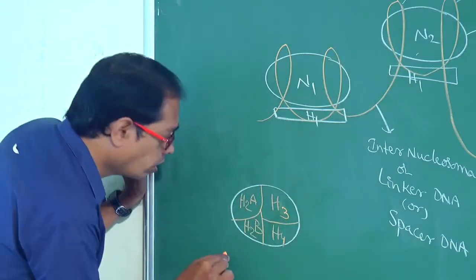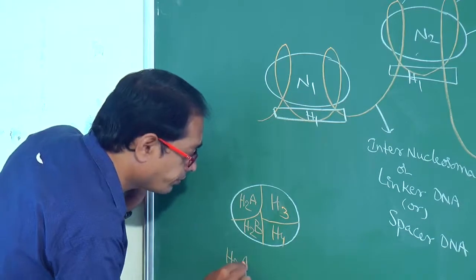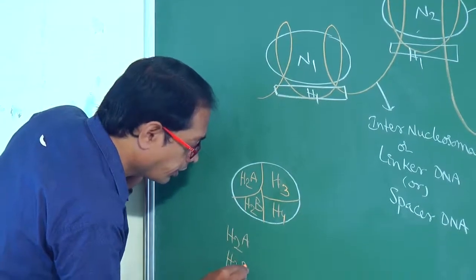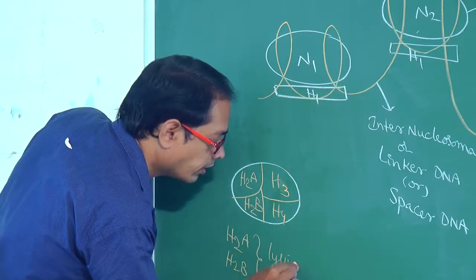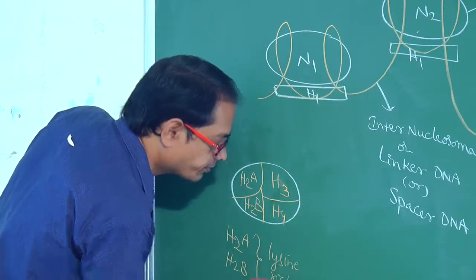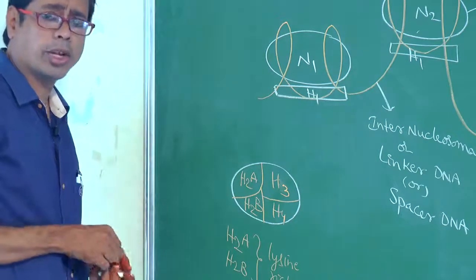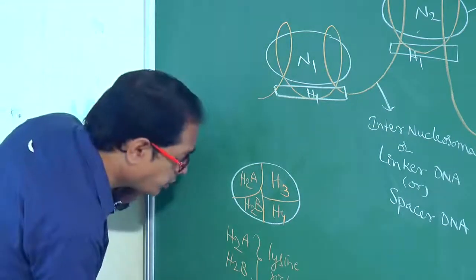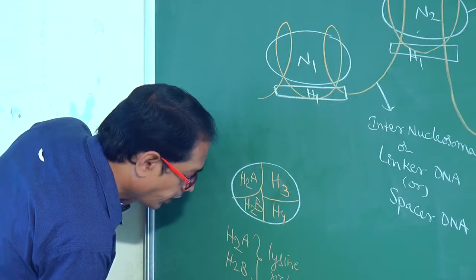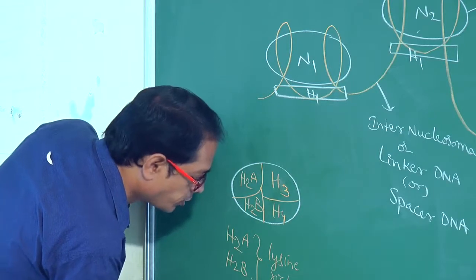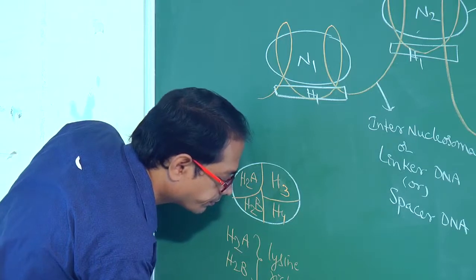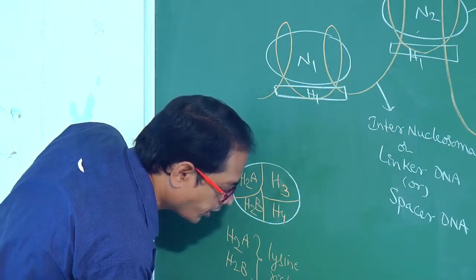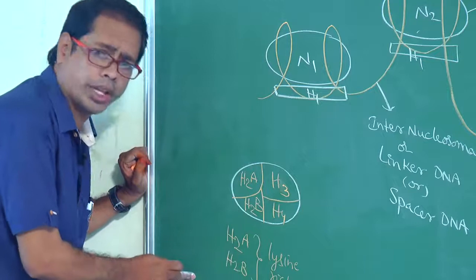Okay, so H2A and H2B, these two are lysine-rich proteins, and H3 and H4 are arginine-rich. So these are nothing but proteins.